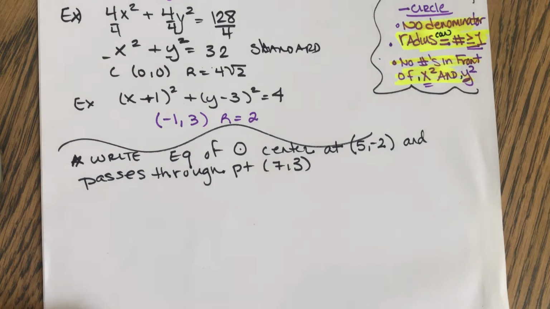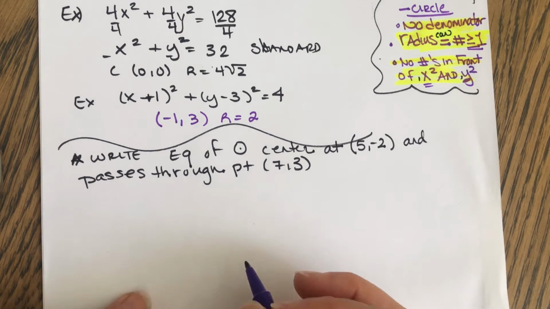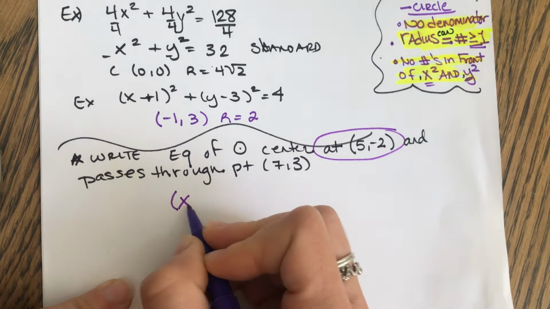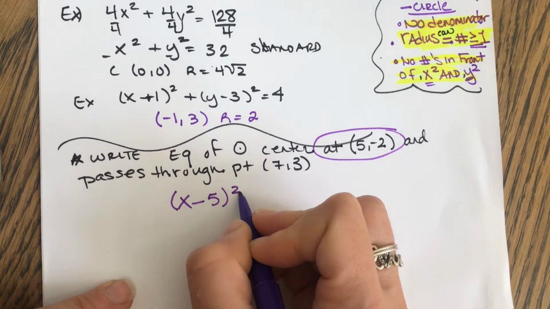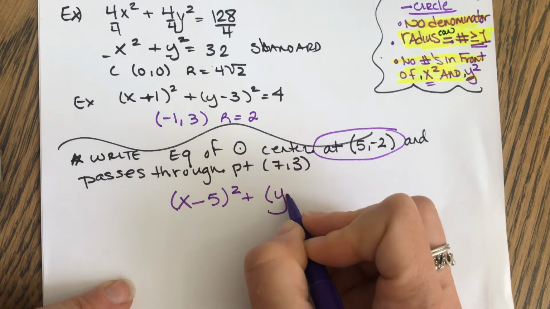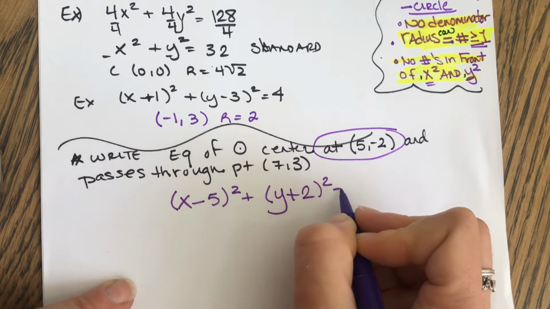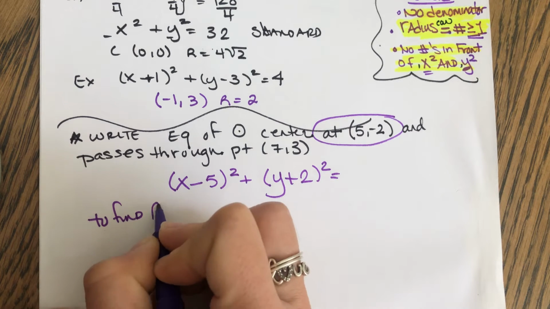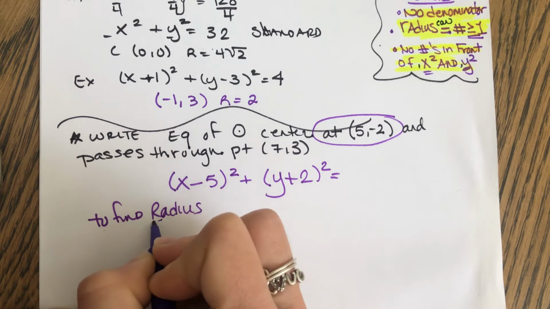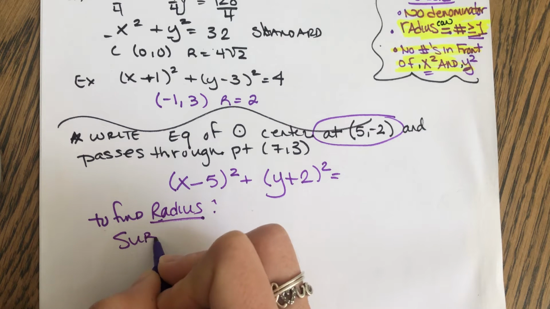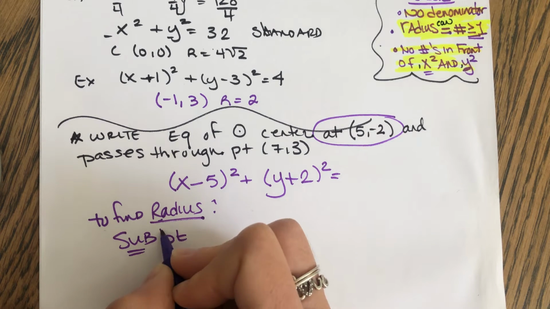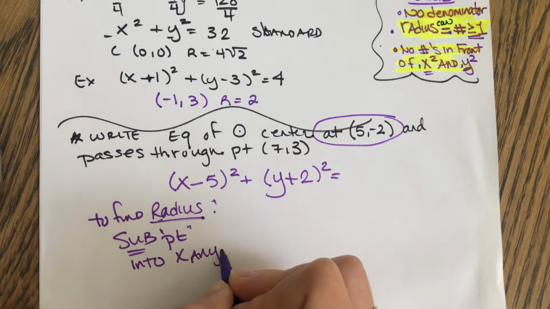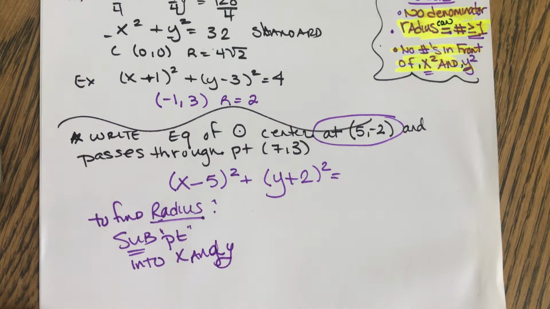Okay, so if I give you guys this question, what we do to start is you start by writing your center. So I'm going to go x opposite, so minus 5 squared plus parentheses y plus 2 squared equals, to find the radius, even though you have these in your notes, you want to substitute the other point into the x and y.